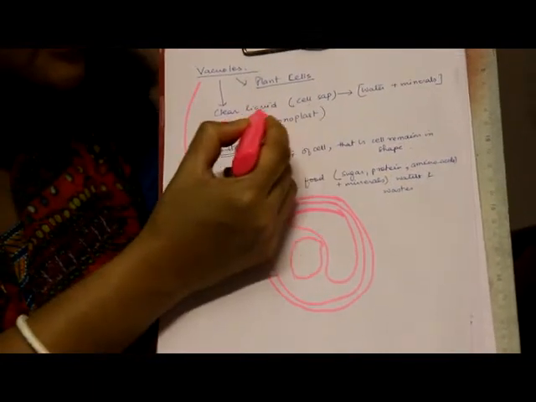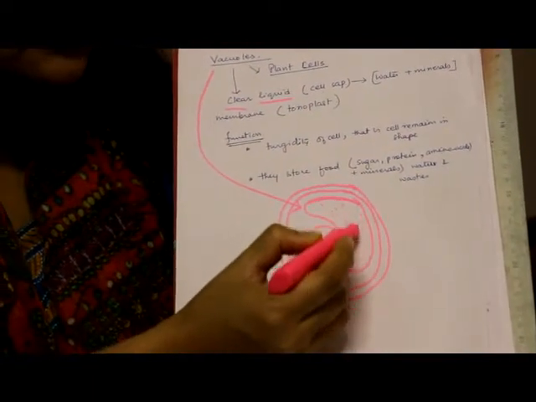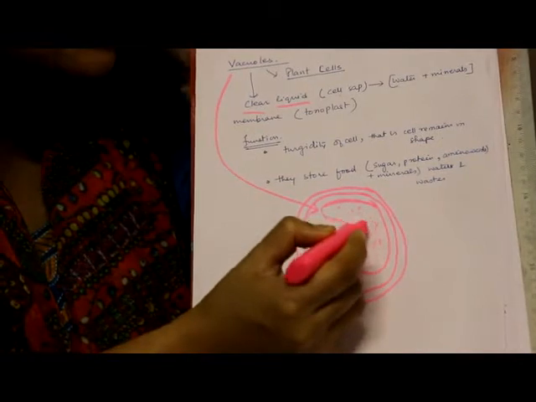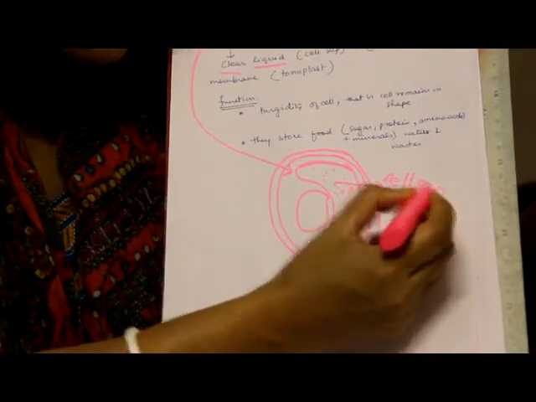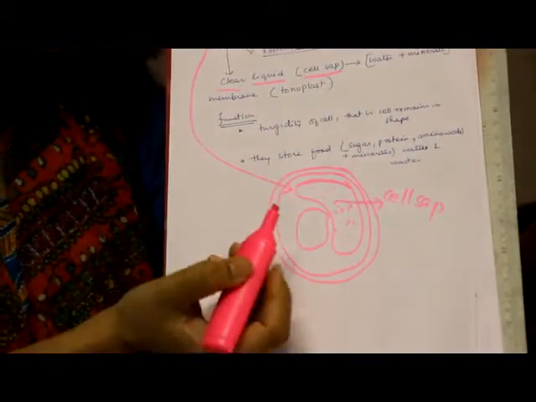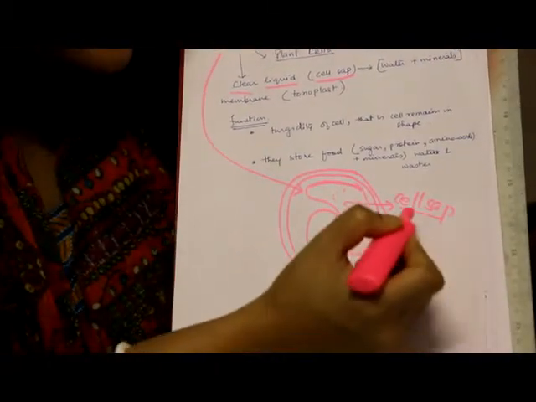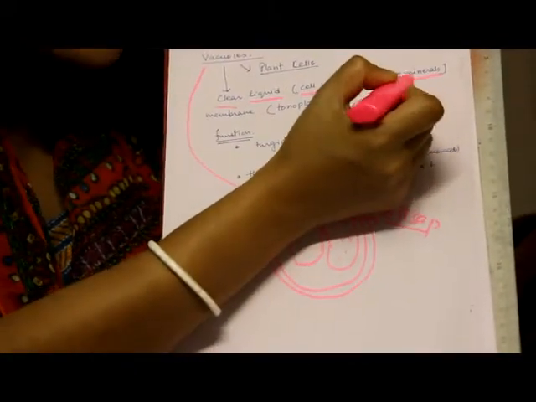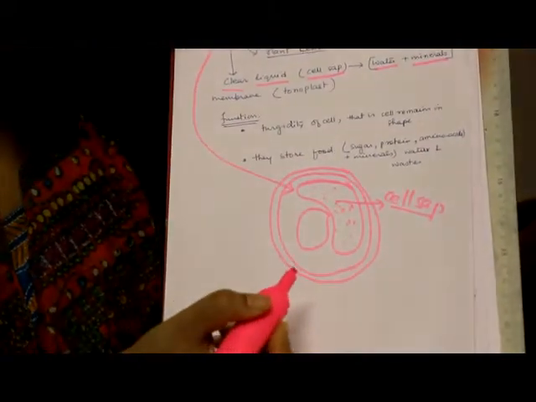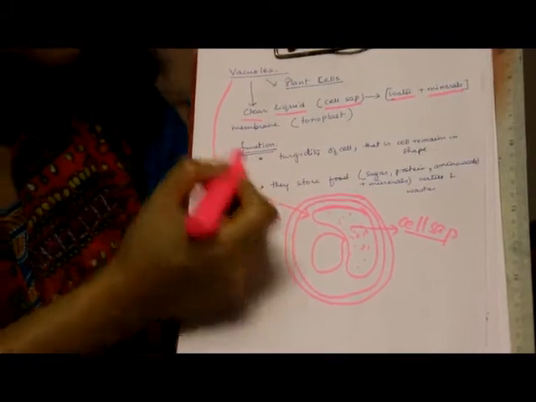It has a clear liquid. It is not empty. It has a clear liquid which is also known as cell sap. I have also mentioned over here cell sap. This cell sap is watery in nature. It has water, along with that a lot of minerals are dissolved in it. Now what is its function?